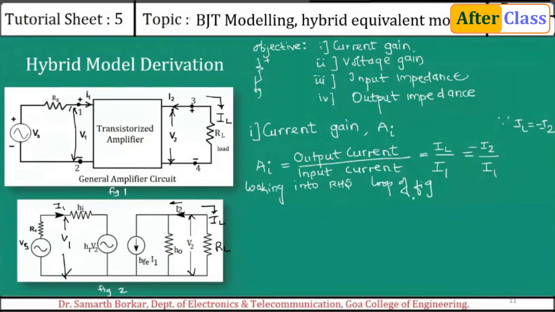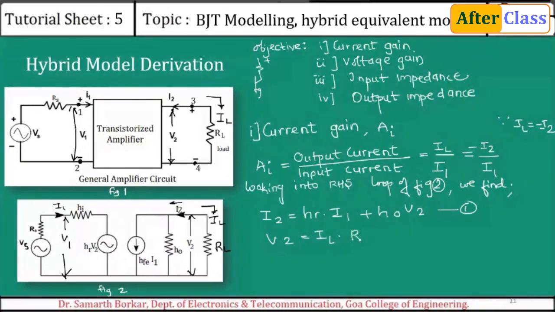Of figure 2, we find I2 equals HF into I1 plus HO into V2, and V2 equals IL into RL, which is equal to minus I2 into RL.